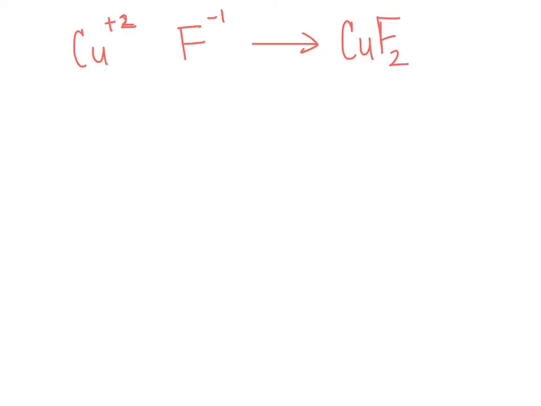Okay? So if you wanted to do the crisscross, the 2 would come down here, and then that one is just 1. So CuF2. Then to name this compound, it would be copper. We are going to use a Roman numeral, and we put the Roman numeral in parentheses after the name. Okay?